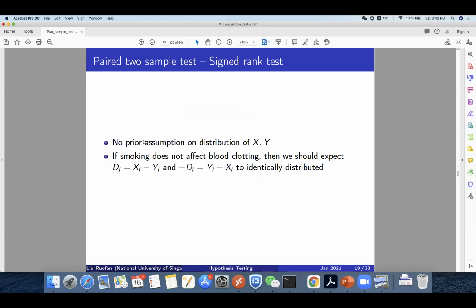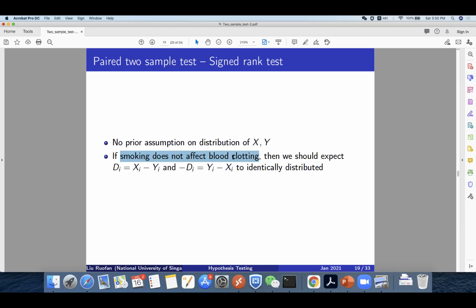If we don't have assumption on what kind of distribution x and y follow, then we can still use a rank test. And for paired two-sample test, the rank test is not called Mann-Whitney, but it's called signed rank. But the idea is very similar.